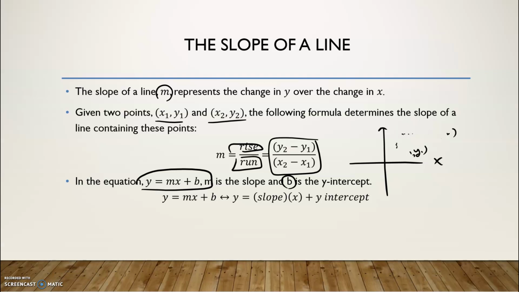So remember, if you have a graph that goes over your y-axis right here, that would be the value of b, because that graph is intercepting the y-axis, so that's the y-intercept. So how you read this is y is equal to the slope times x plus the y-intercept.